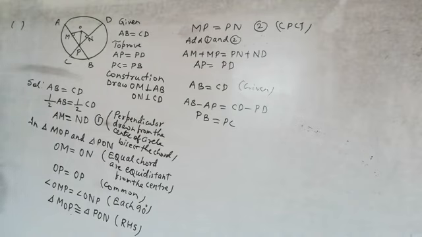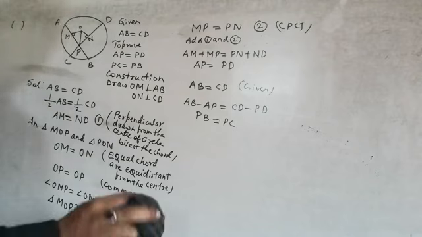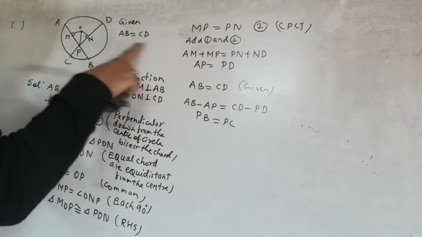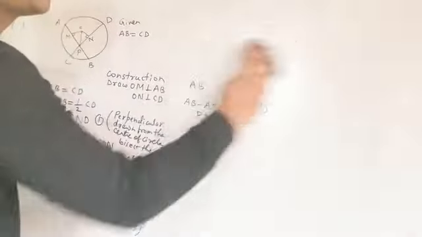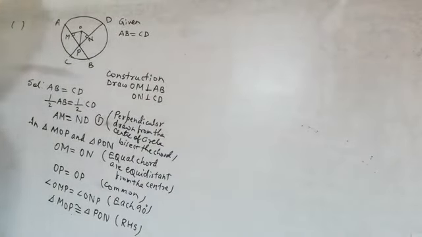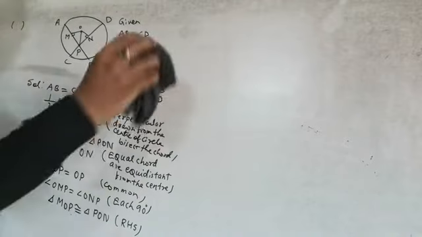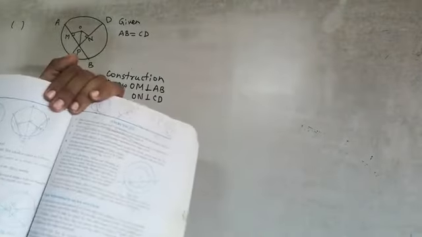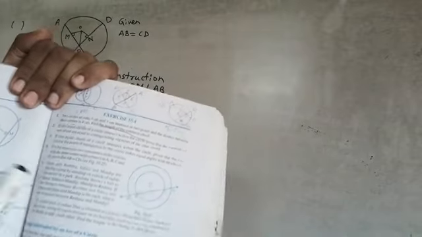It is said that two chords are equal, and we have to prove that the angles formed at the intersection are equal. You can read the question; I am reading it for you.